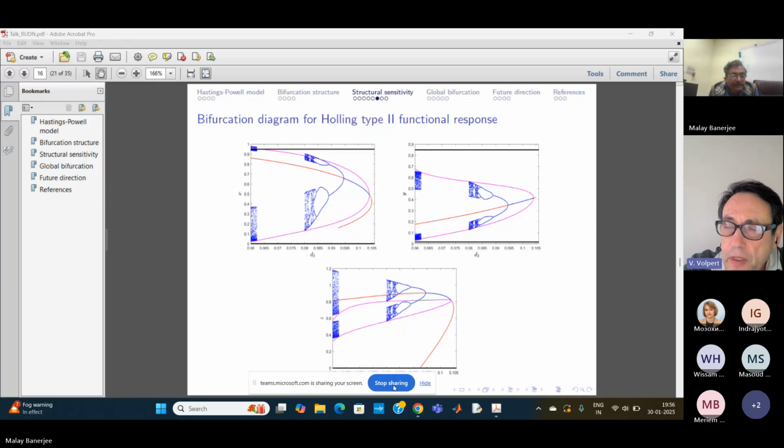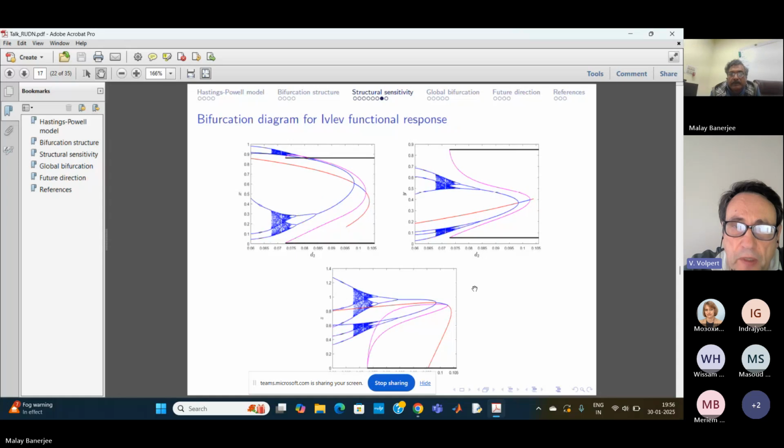Yeah. In the case of Ivlev functional response, do you think there is also an unstable limit cycle, but they don't meet with the attractor, or there is no limit cycle? Because this magenta color curve is the unstable limit cycle there, and this unstable limit cycle actually merges with this stable limit cycle on the XY plane.